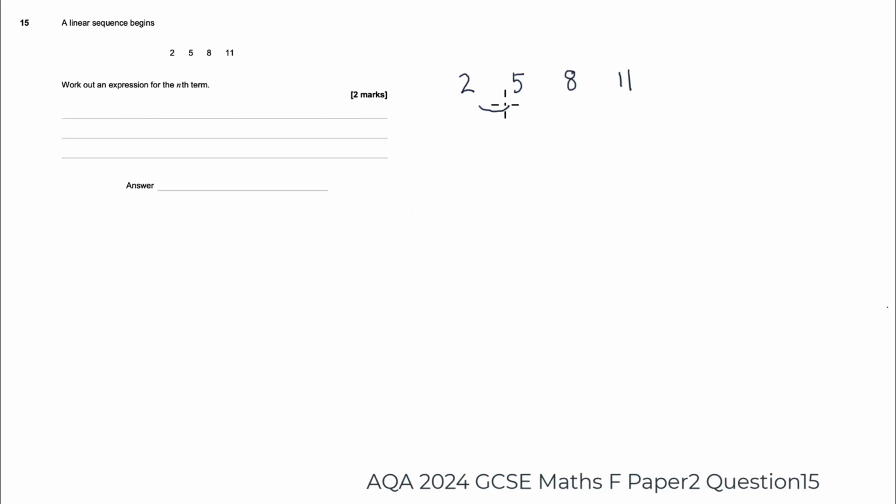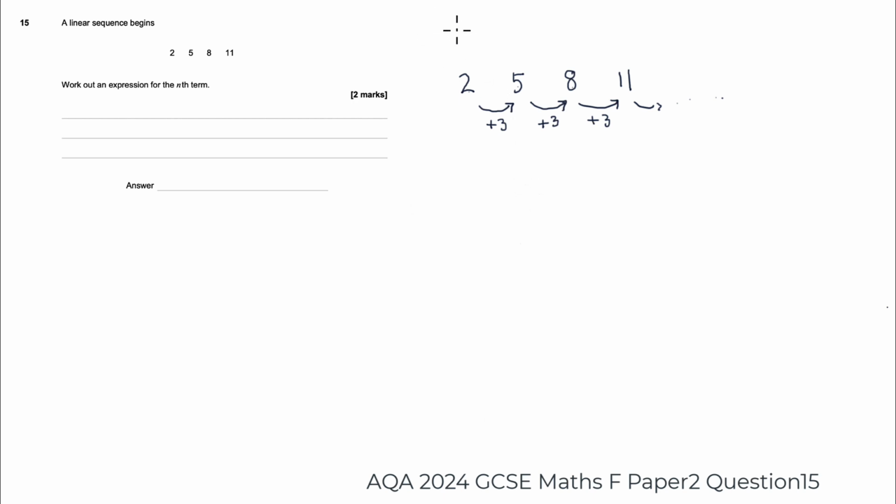What that means is we're adding on the same amount each time. We'd be adding 3 to get from one term to the next term. We'll check that. 5 plus another 3 does give you 8. And 8 plus another 3 does give us 11. And that procedure goes on and on and on.